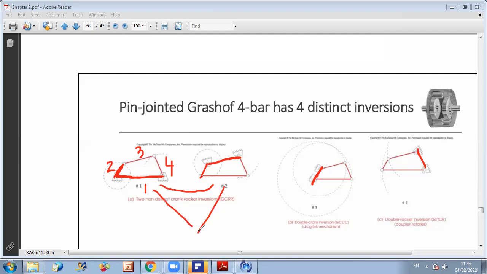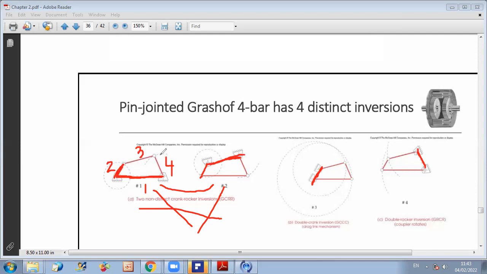This is why we say that it's true that we have 4 inversions, but they are not all distinct. Okay, so these are called 2 non-distinct inversions, because they will produce the same output motion, since in both cases the shortest link was linked to the ground.